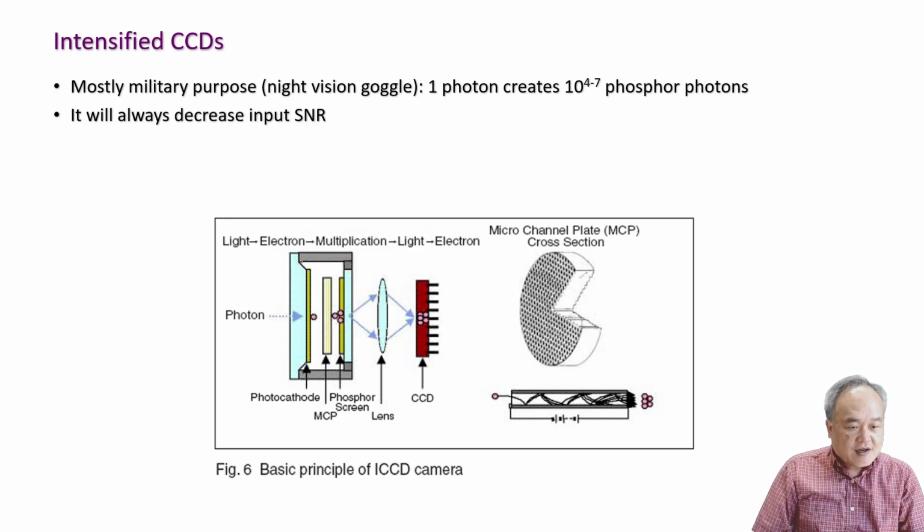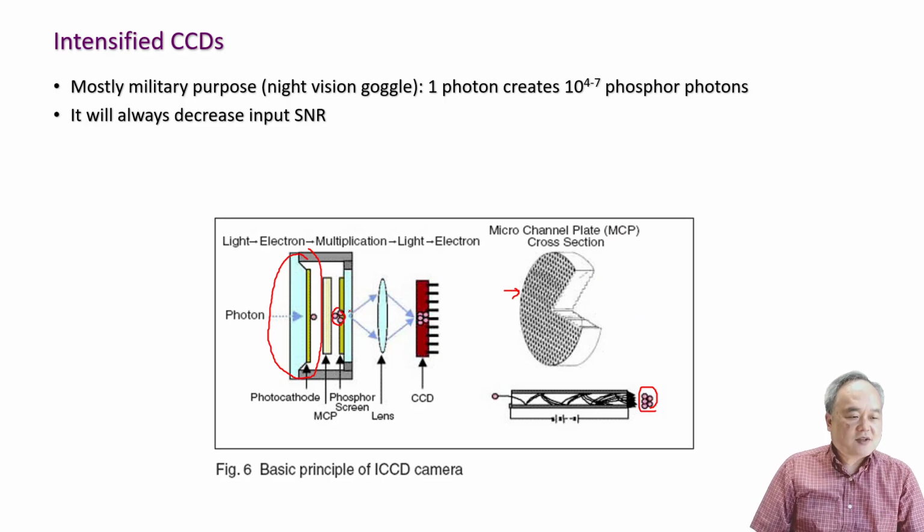How do you do it? The entrance is the same: the regular CCD photosensitive layer produces photoelectrons that go into the microchannel plate. Then a great number of collisionally created electrons are produced at the end of the microchannel plate.